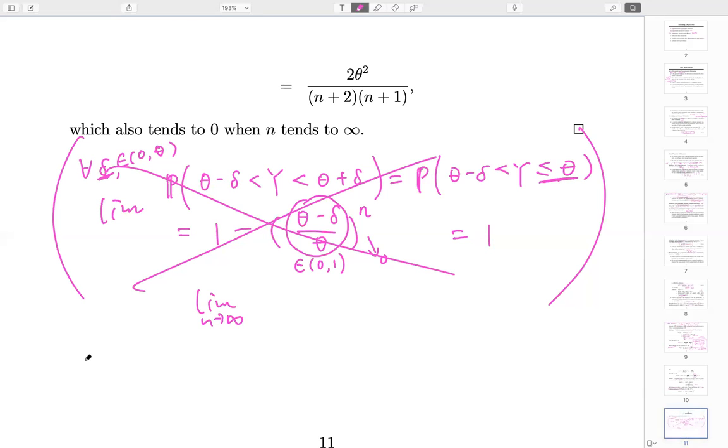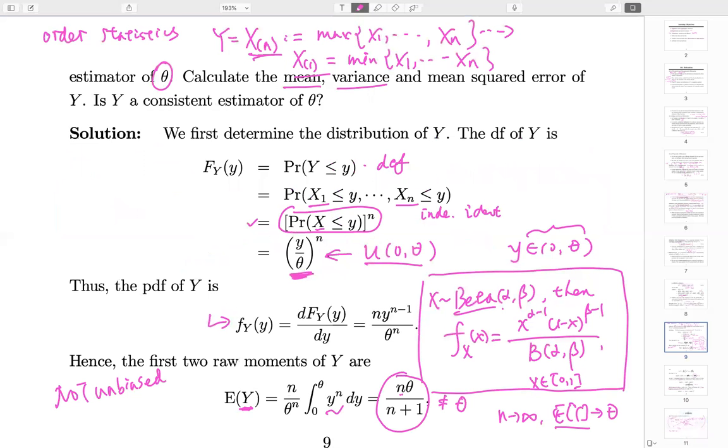So how about this? I give you a slightly different modification. In this example, your x is uniform from 0 to theta. You try to estimate the upper limit theta, and what you do is construct the max order statistic and use it to estimate.